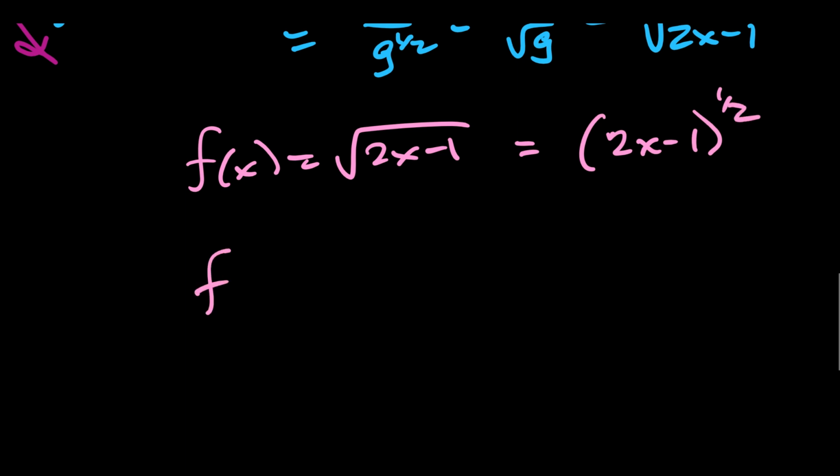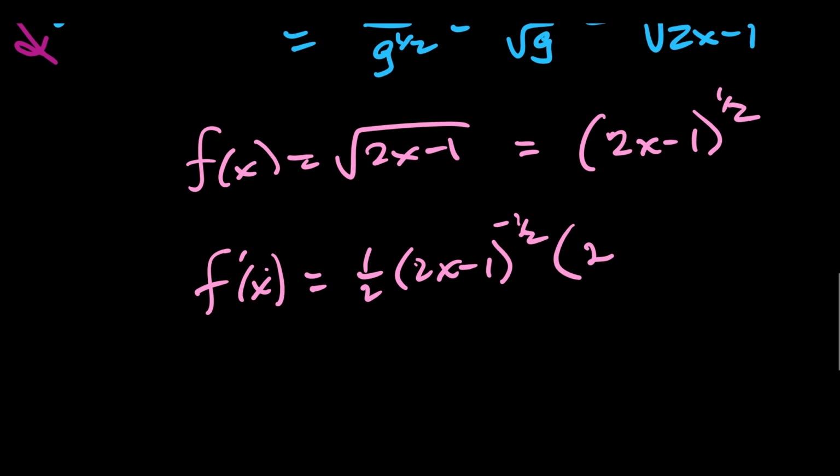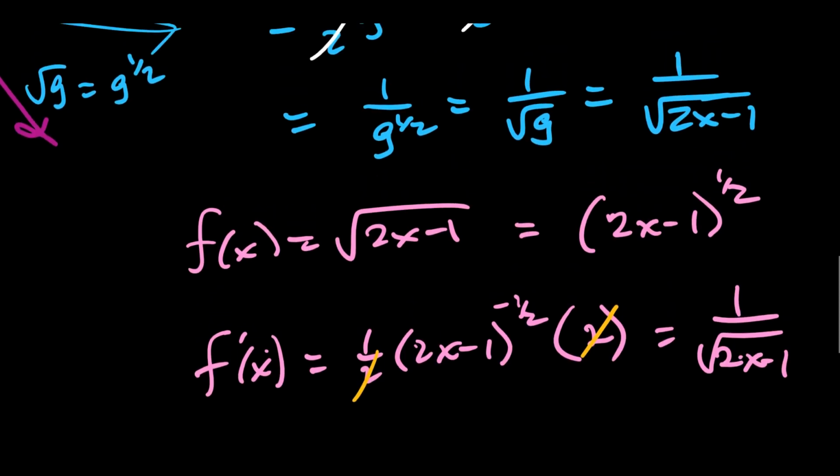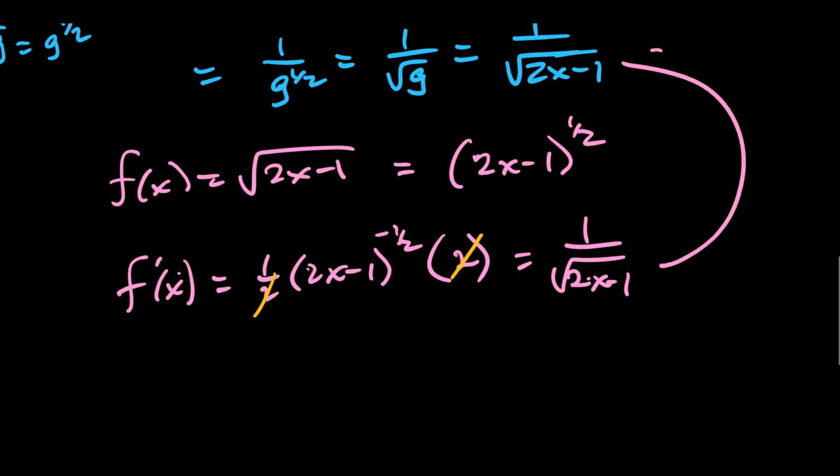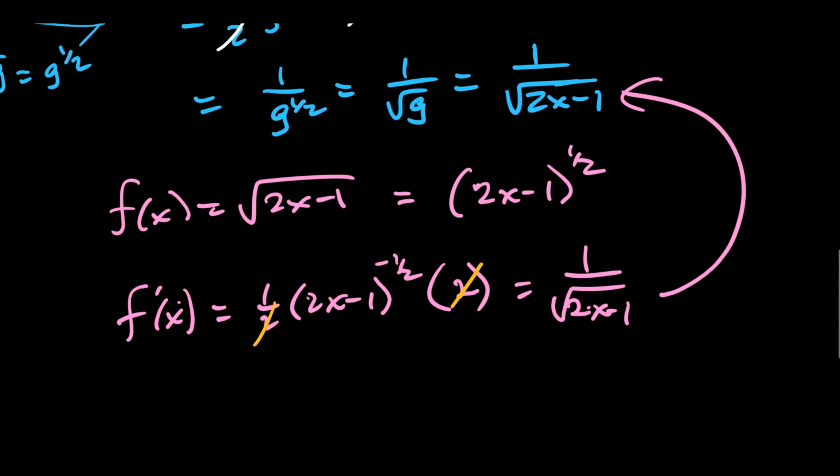So when you take the derivative of f, it's 1/2 times 2x minus 1 to the negative 1/2 power times the derivative of the inside, 2. The 2's cancel, and you get 1 over square root of 2x minus 1. Same thing as before.